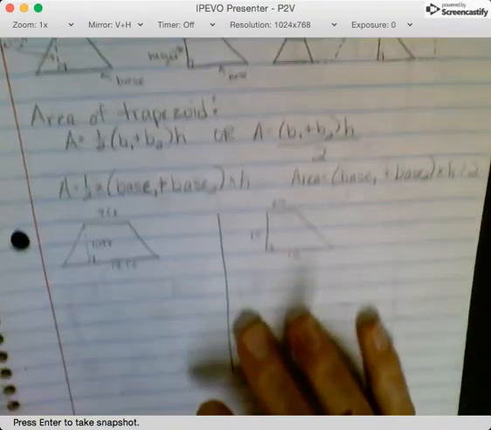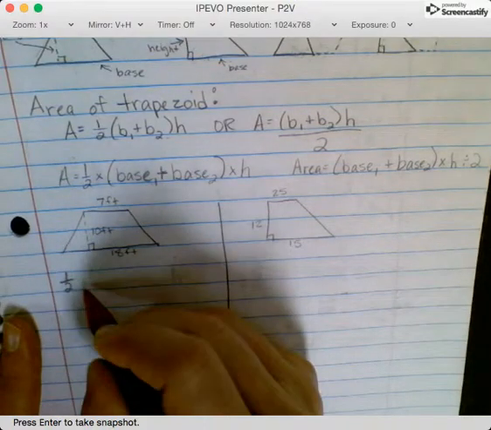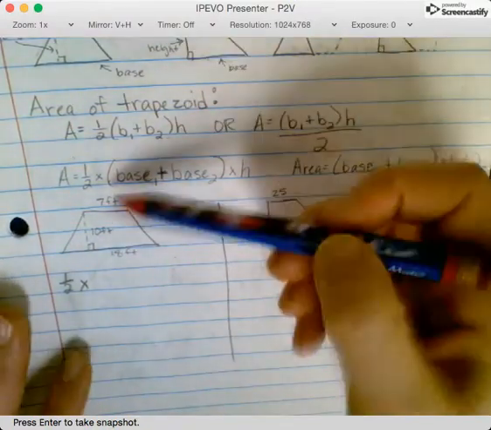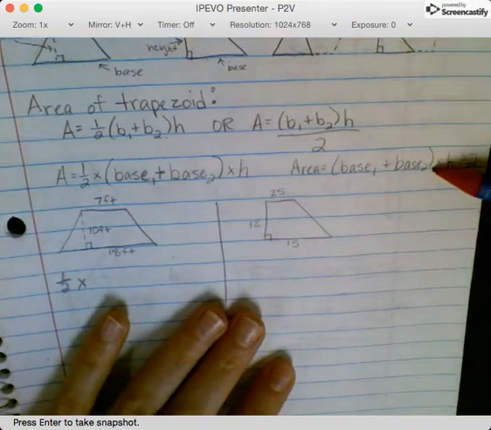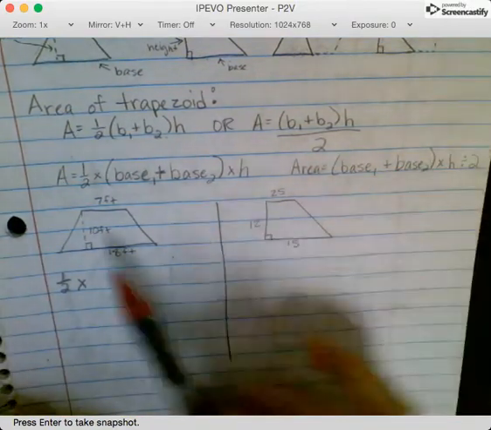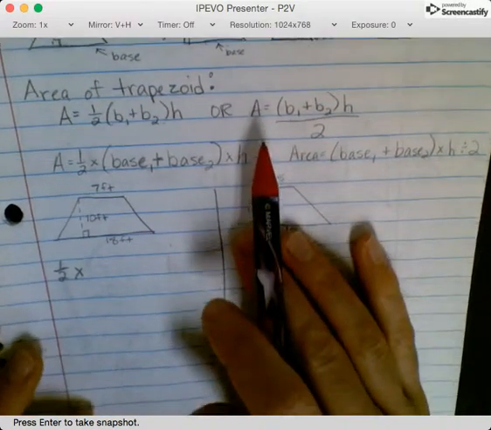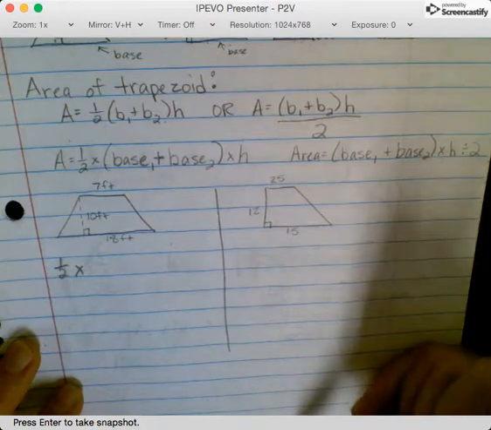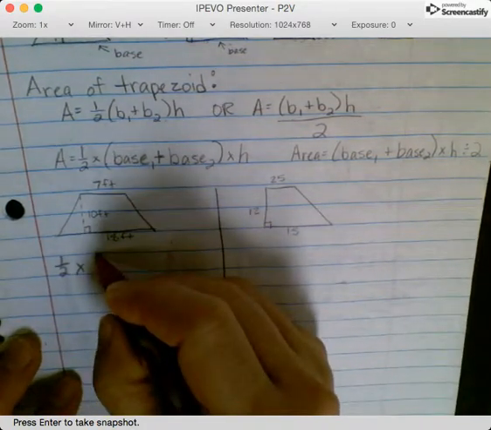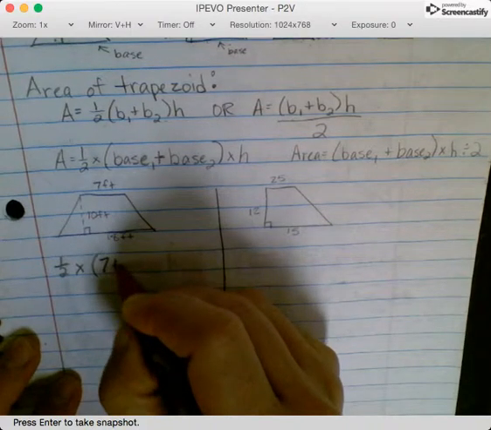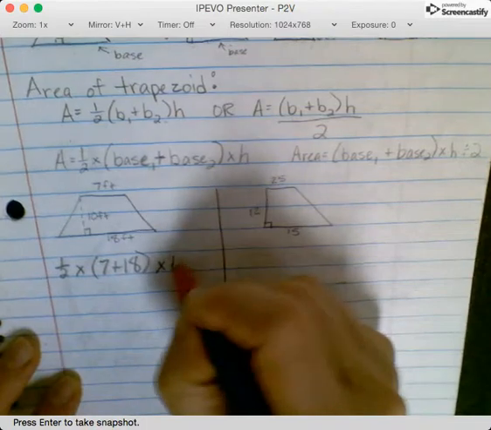Now let's do a few examples. The first one I'm going to do is just using the 1/2 method. The second one I'm going to do just dividing by 2. You'll find they both come up with the same answer. Probably most of the time you'll just think about it as divided by 2. So 1/2 times base 1 plus base 2 is 7 plus 18, and then times height, which is 10.